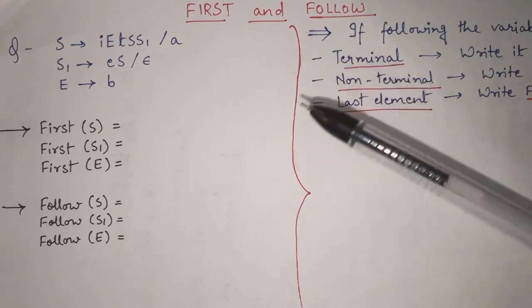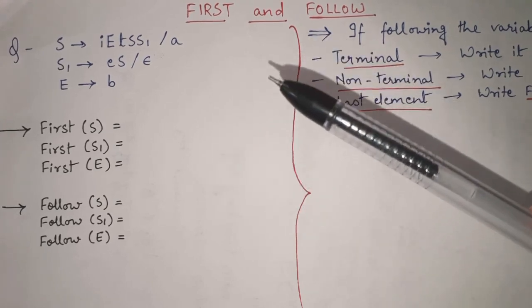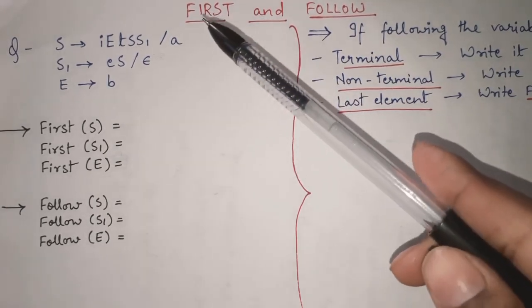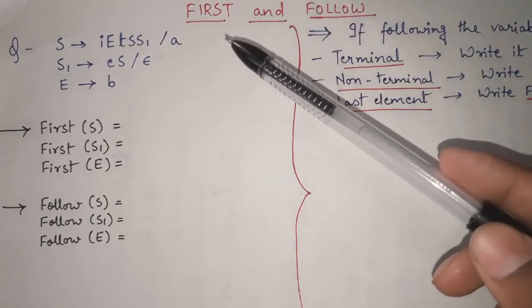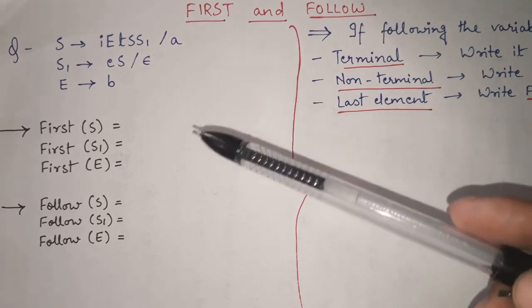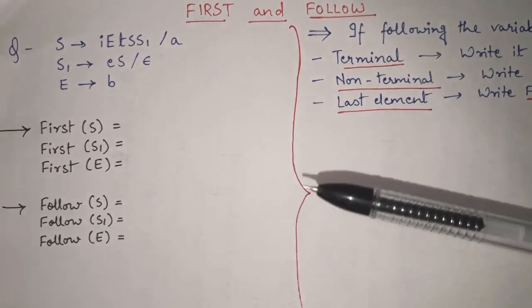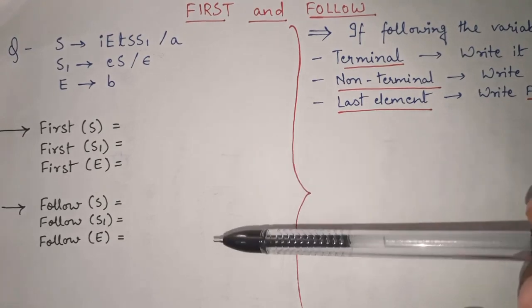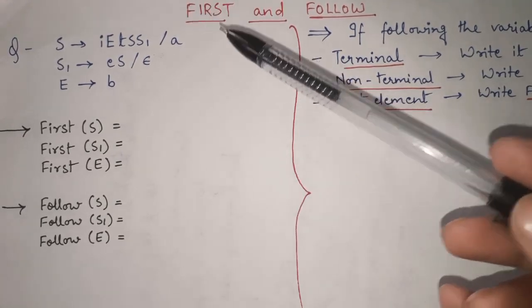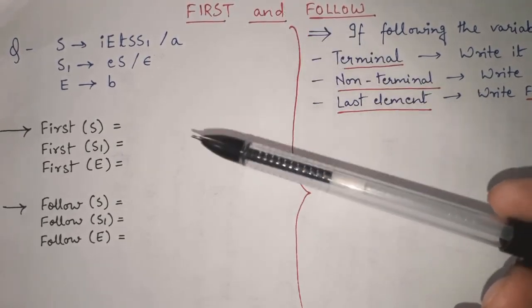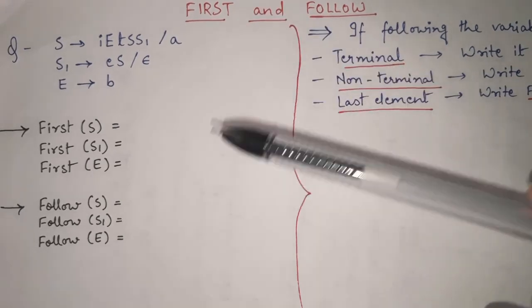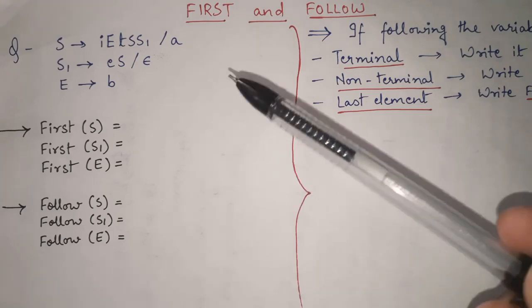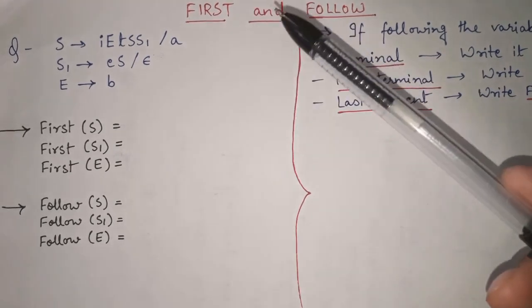So before learning all those parsers, one of the important mechanisms that you must know is how to find out the first and follow of any variables of the given grammar. So it is actually very important. So in this video we are going to learn how to find the first and follow, so that after that we can learn about those parsers very quickly and easily. Fine. So yes, let's see how to find out first and follow.